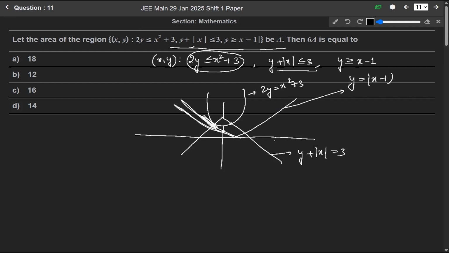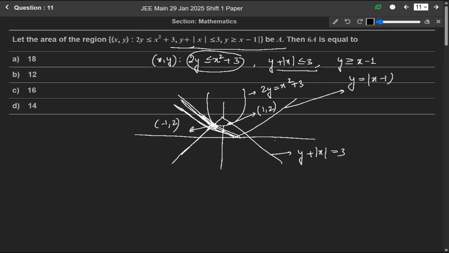These are basically the intersection points. Using these equations, the intersection points can be found: this intersection point will be minus 1 comma 2 and this intersection point will be 1 comma 2.